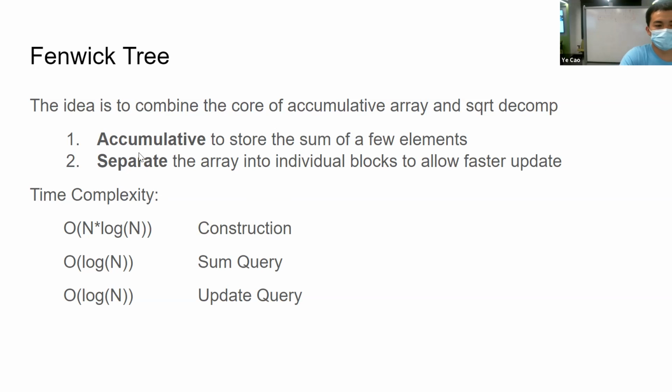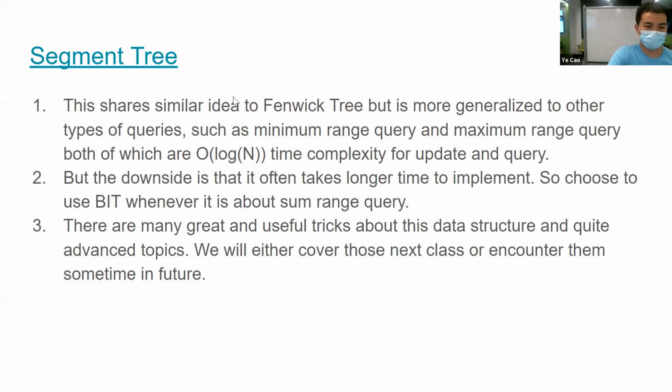This one covers the Fenwick tree, and how it can be used for solving this problem and making it more efficient. After this, we have the segment tree. You can think of the segment tree as a generalized binary indexed tree.